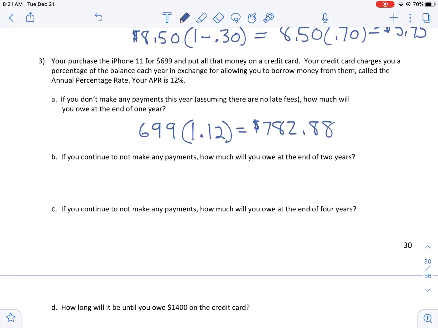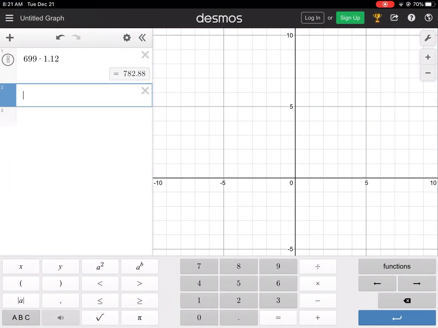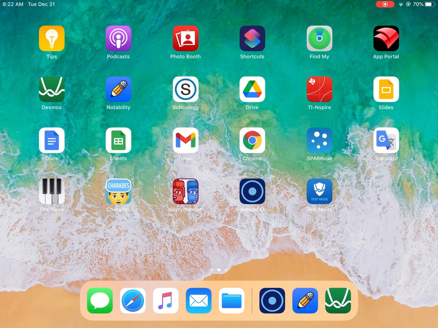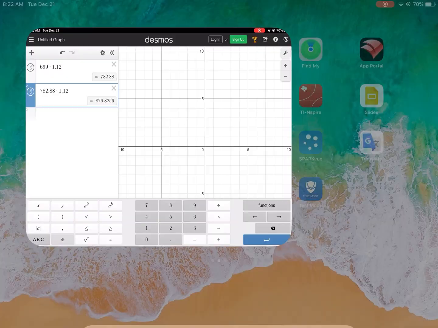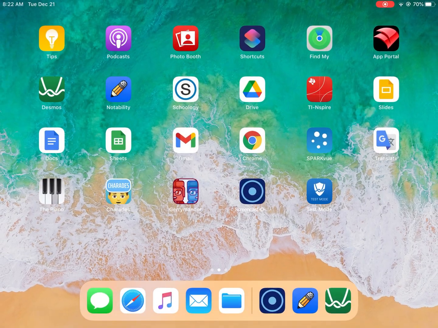How much would you owe after 2 years? $782.88 times 1.12. So $782.88 times 1.12, $876.83. Wait, 876 point, I can't read that right there, 876.83.